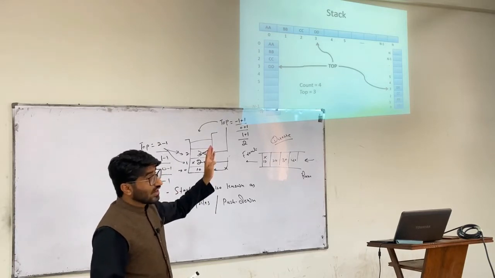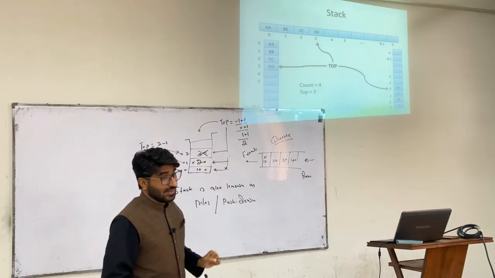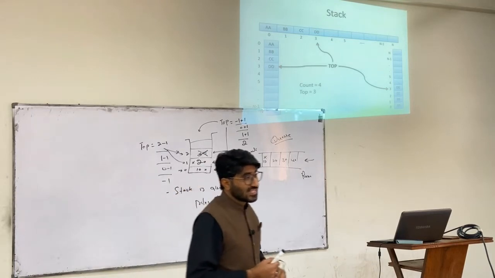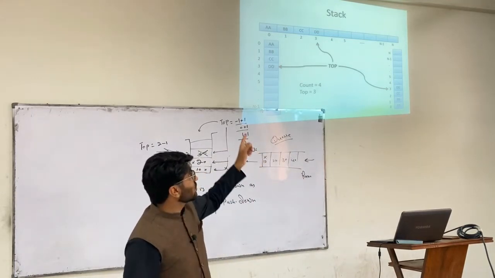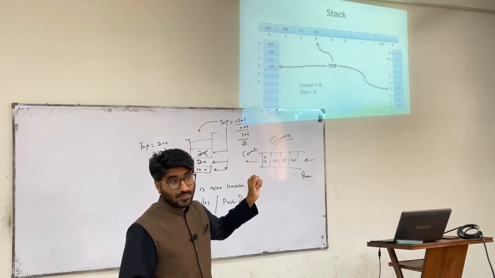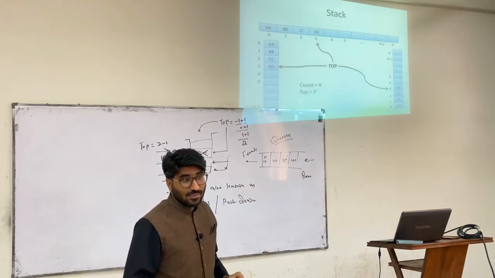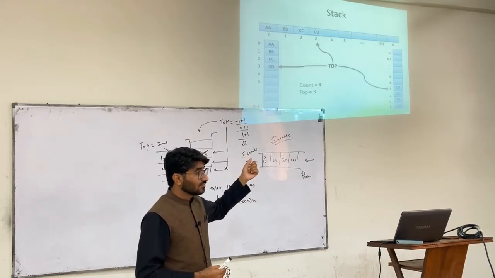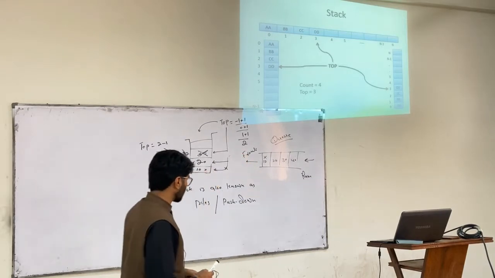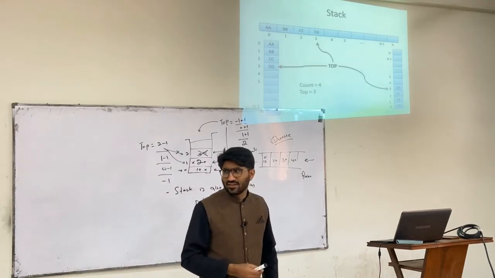Because the last value we inserted is D. If we want to insert the new value, E, that will be inserted at index 4. The value of top will become 4, and the count will be 5. Okay? I think this one is clear.